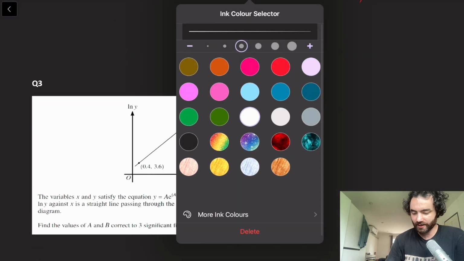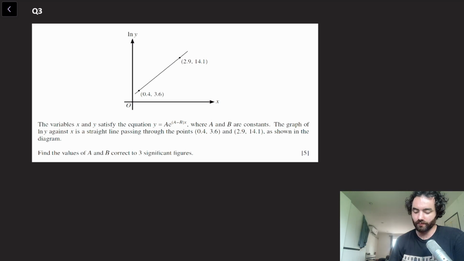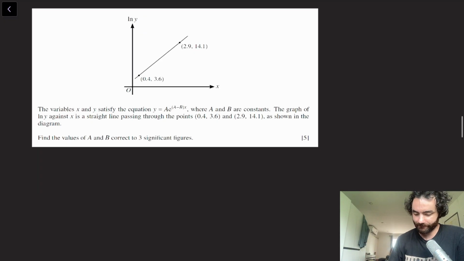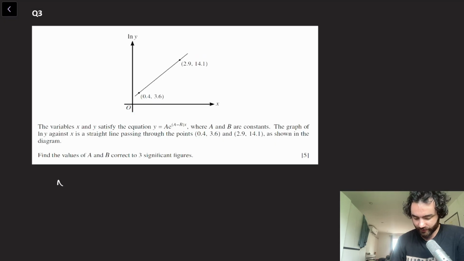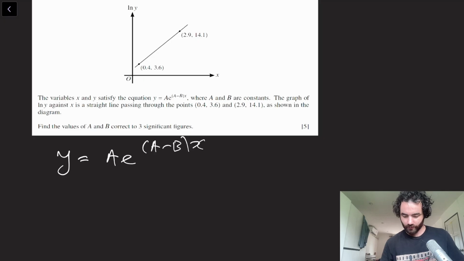And finally, the last real style that they like to do is, a lot of times, if you get some equation like this, it can actually be expressed via logs into a straight line. So with something like this, you have y equals a e to the power of minus b x, where a and b are constants.